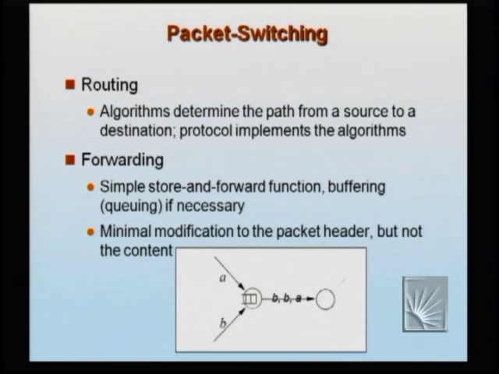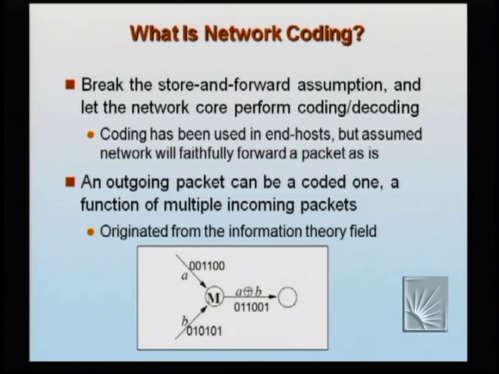Now, what is network coding? Network coding is different. It is unique in that it breaks this store and forward assumption. Network coding lets the network core perform coding and decoding.